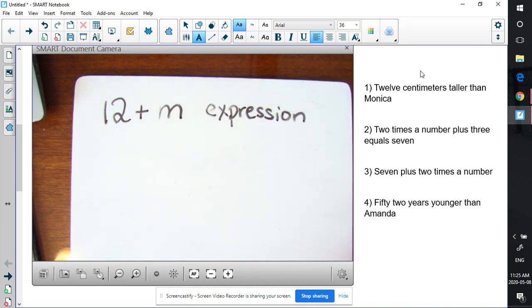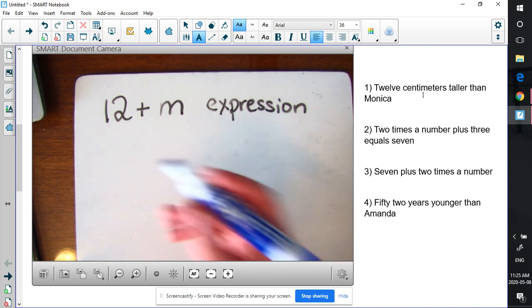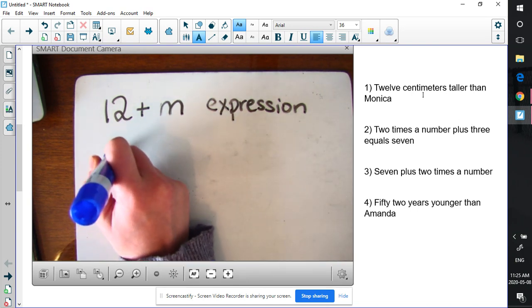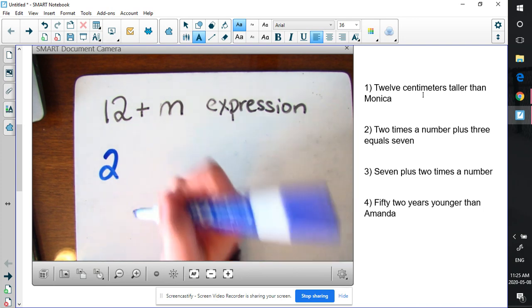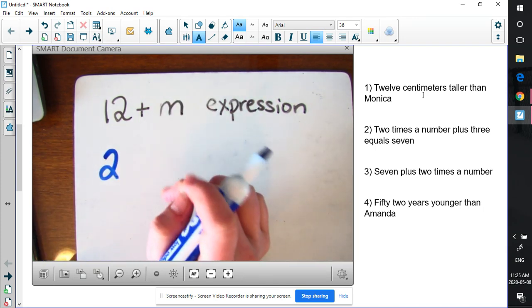Next one. 2 times a number plus 3 equals 7. So I always recommend that when you're turning phrases into expressions or equations, you just work left to right. So write stuff down as you read it. So 2 times a number. We don't know what that number is, so we have to put in a variable.